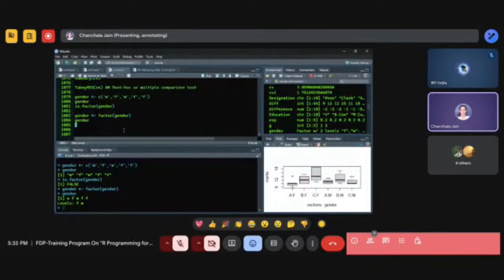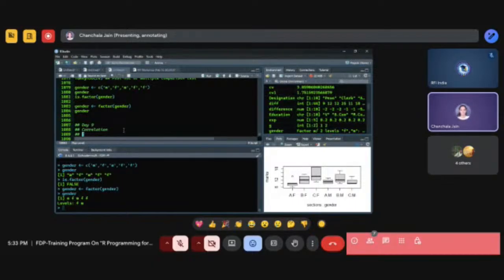Okay, so it's day 9, the second last day of this FDP, where I'm covering correlation and regression. I'll start with the term correlation.